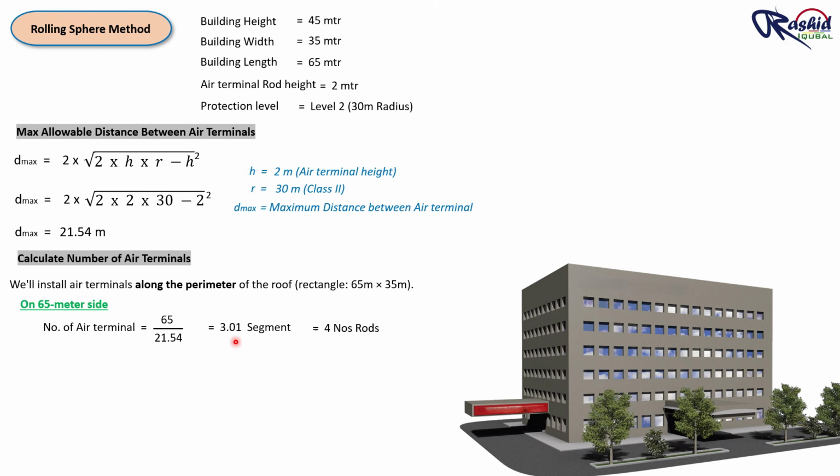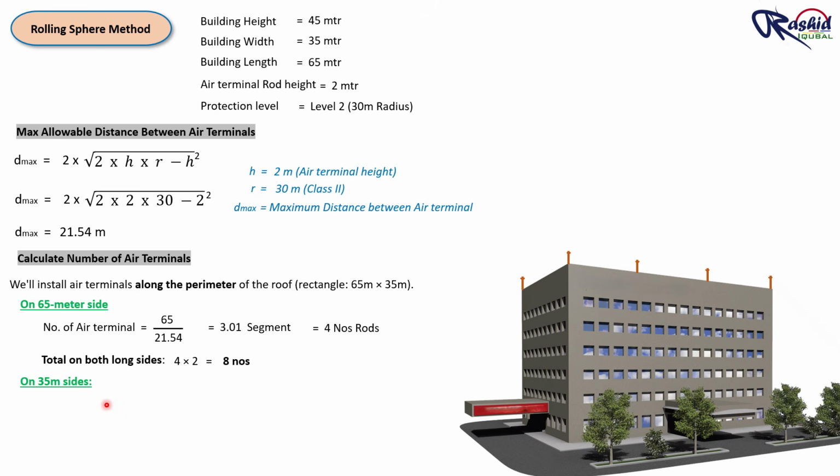To make 3 segments, we need 4 rods. Here you can see there are 3 segments by installing 4 rods. So on one long side of the building, we place 4 air terminals. Since the building has 2 long sides, the total rods become 2 multiplied by 4, that is 8 rods, 4 this side and 4 opposite side.